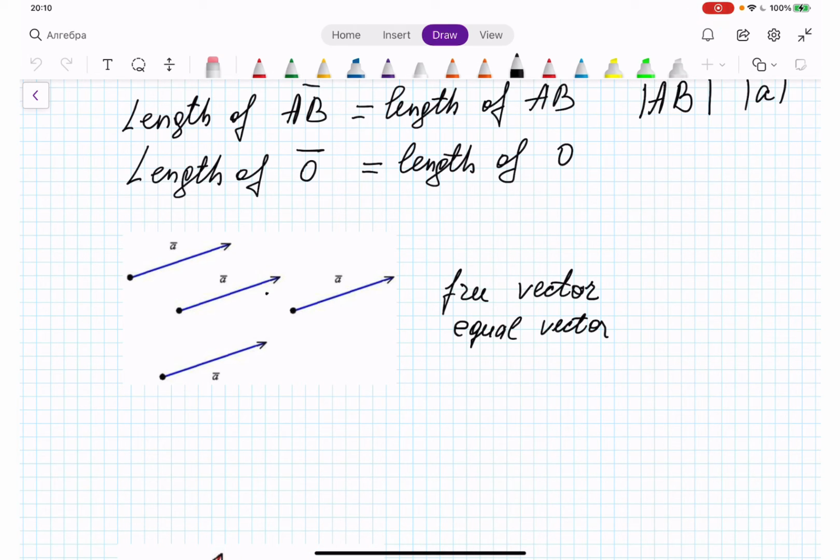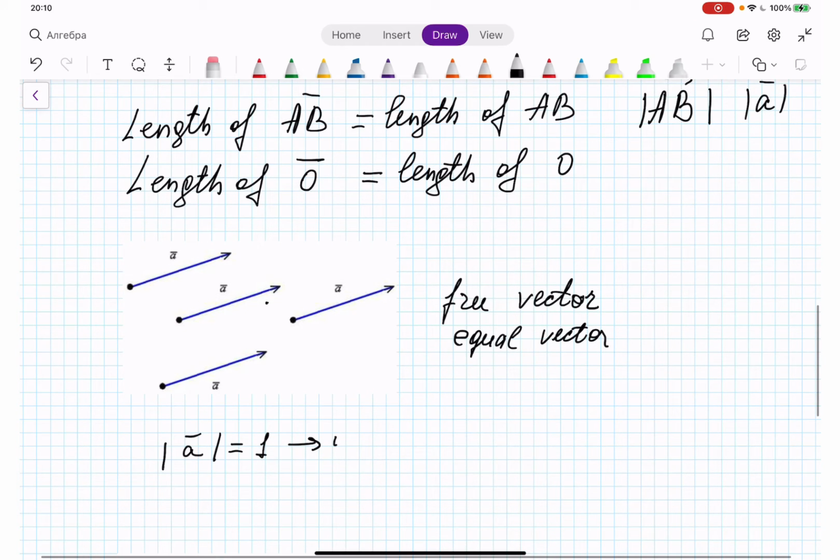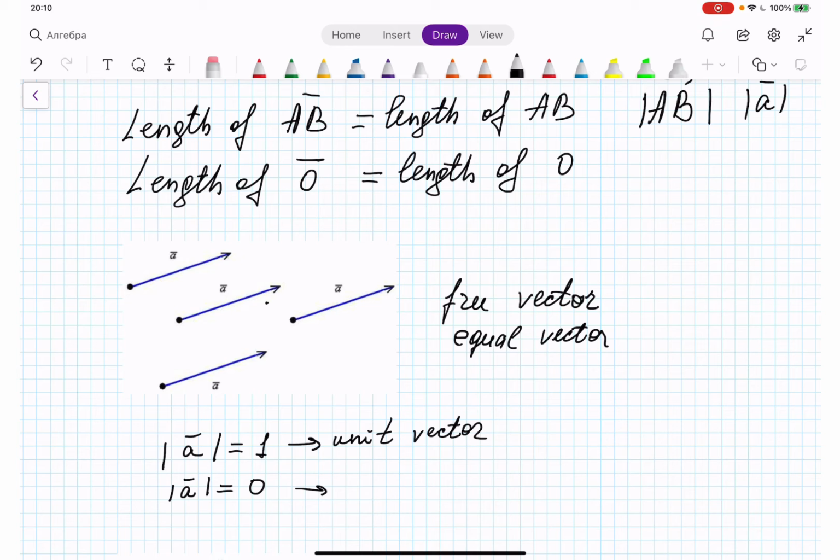A vector is called a unit vector if its length is equal to 1. We have a unit vector. And if the length of the vector is equal to 0, as I already mentioned, we call it a zero vector. Okay.